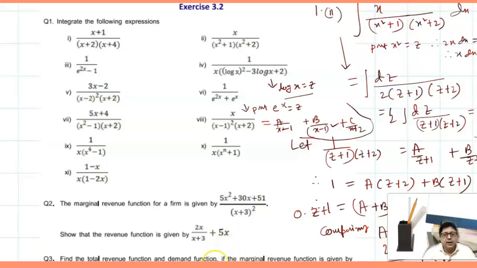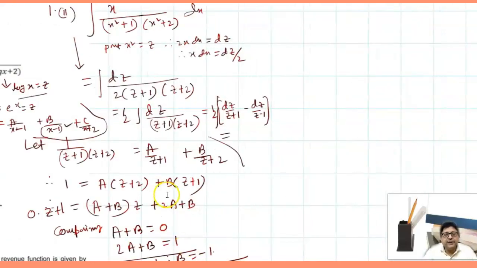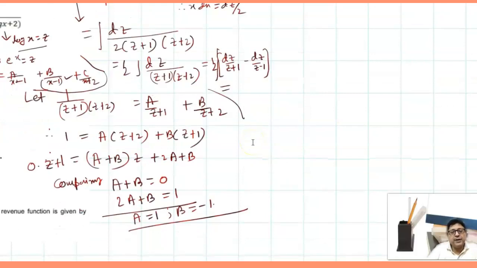But I was supposed to tell you the second method for evaluating the values here, that I forgot to tell you. I am telling you how to find the values of a and b without comparison. That also I would like to remind you.